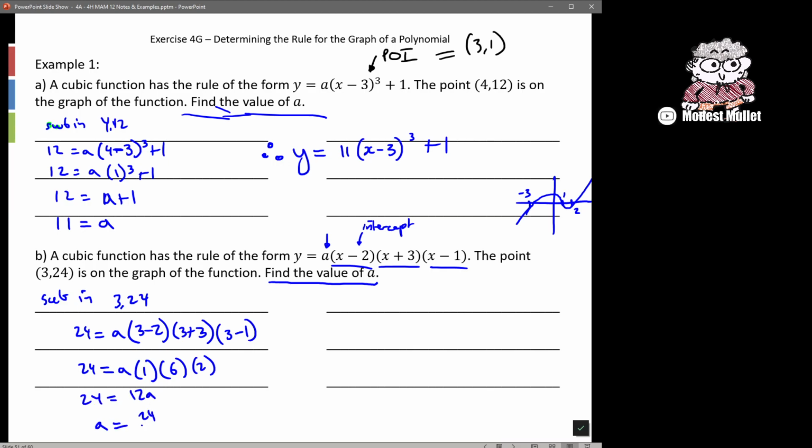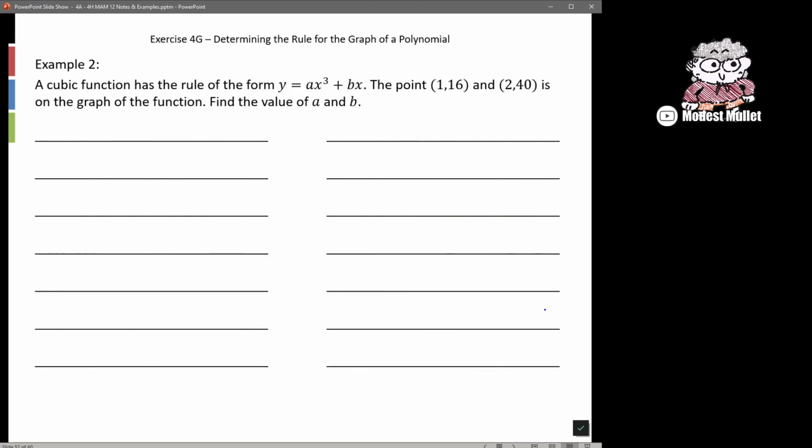So a is equal to 24 on 12, which is equal to 2. Even though we don't need to write it, let's get in the habit. y is equal to 2(x minus 2)(x plus 3)(x minus 1). Lovely.